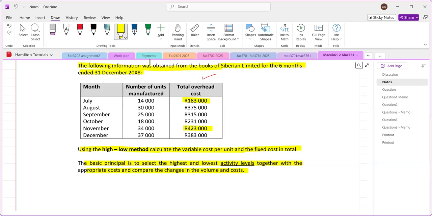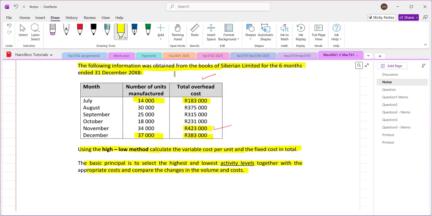So you can see that when it comes to December, it has got the highest activity, but the cost is lower than the one that we're having here. Right, this one is consistent. It's 183, which is the lowest, and it gives the lowest number of activity.